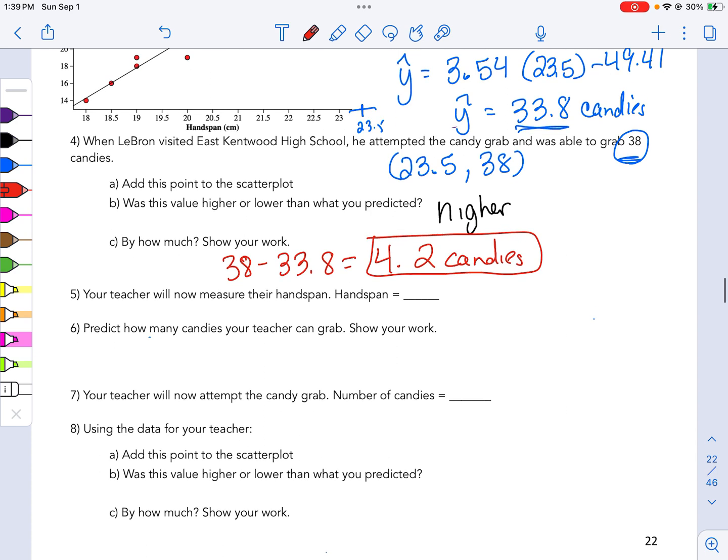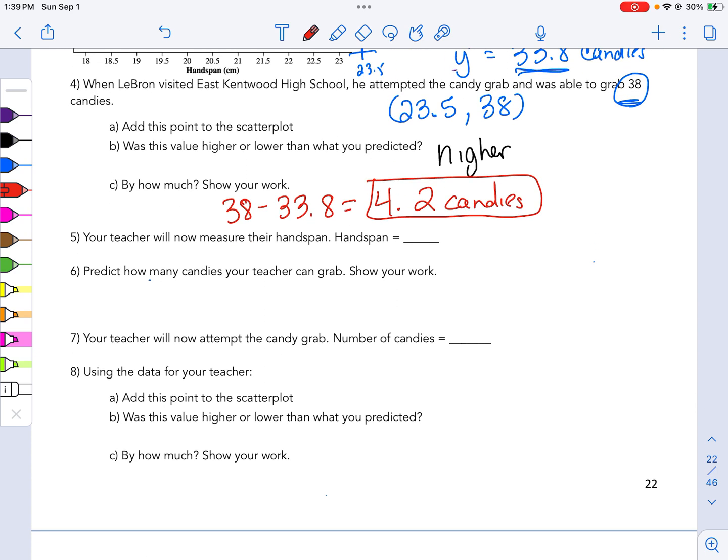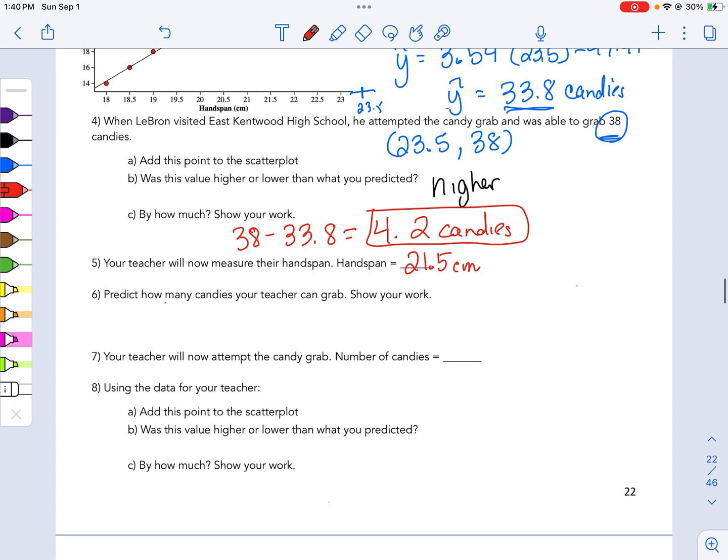All right, if I was in class today, I would do this right now. I would measure my hand, which I've already done, and my hand span is 21.5 centimeters. So we're going to do the exact same thing. I am not LeBron, but how many would I be able to grab?